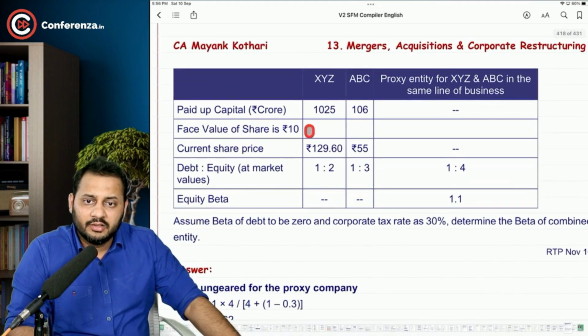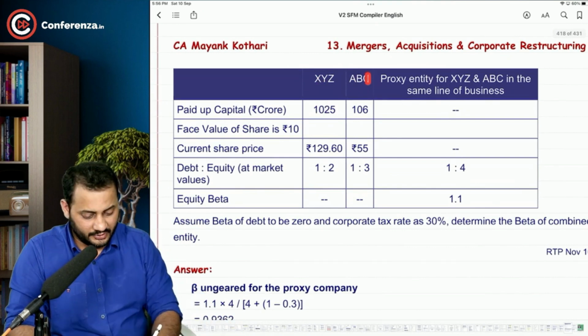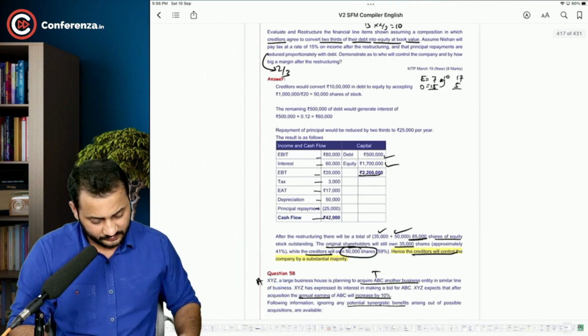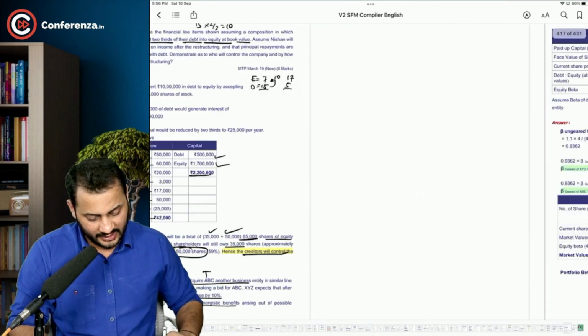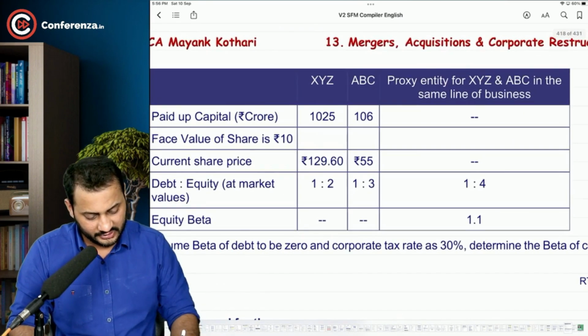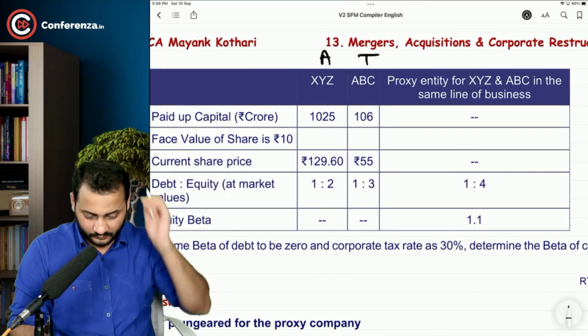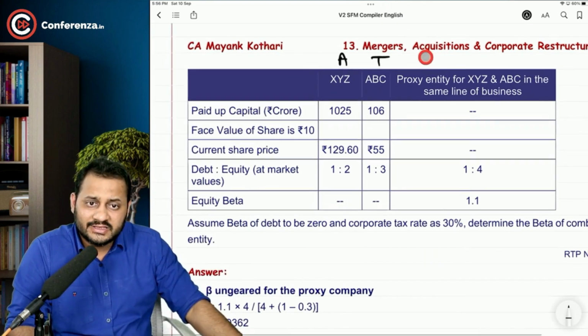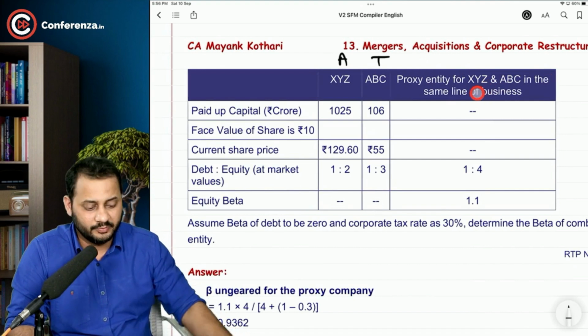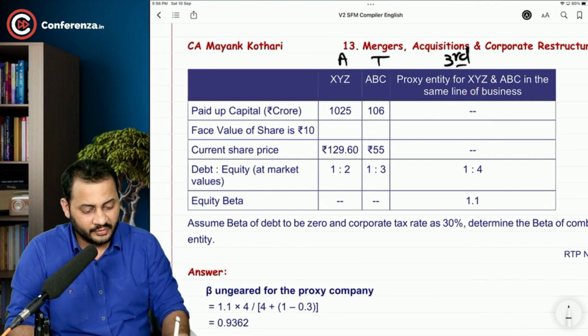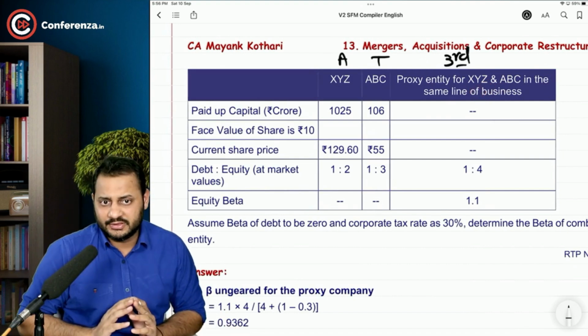Paid up capital in crore of XYZ and ABC. XYZ is the acquirer. Now try to understand, this is the acquirer, this is the target. Now, the proxy entity for XYZ and ABC is a third company in the same line of business.